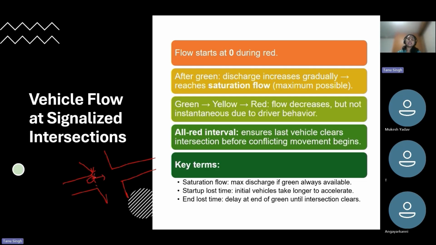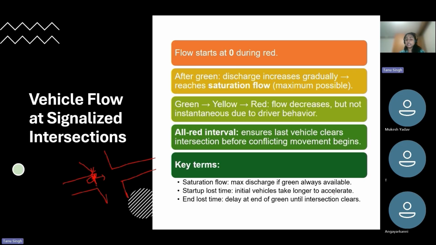The reaction time that takes place before the first vehicle starts to cross the intersection is termed the startup lost time. Then end lost time is the delay at the end of green until the intersection clears. So this is the end lost time.